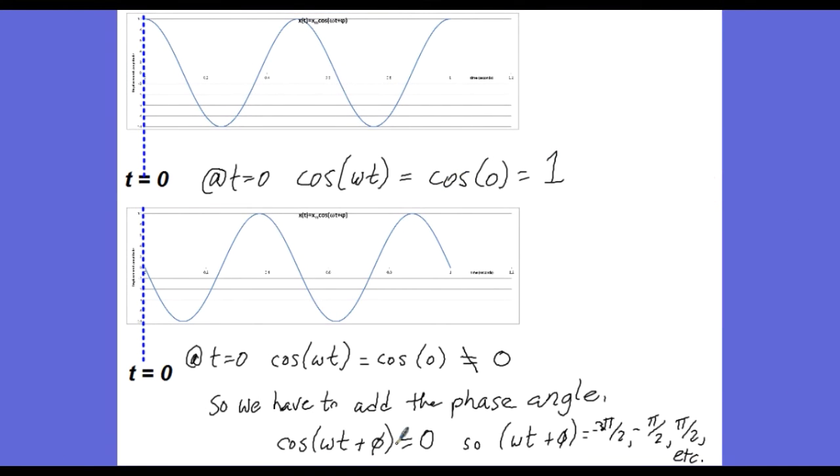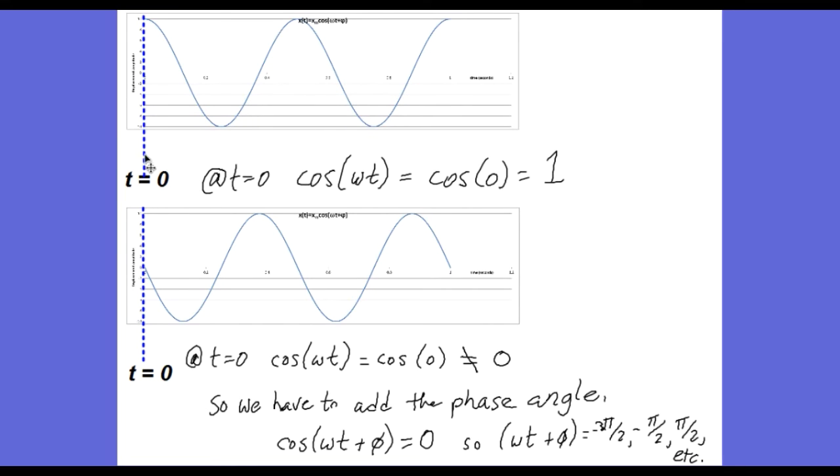Let's talk now about what it means to have this phase angle phi in the equation. If the phase angle phi is 0, then our equation for cosine would look like this. It would just be cosine omega t. And regardless of what the angular frequency is, at time t equals 0, this inside the parentheses would be 0, and we know the cosine of 0 is 1.